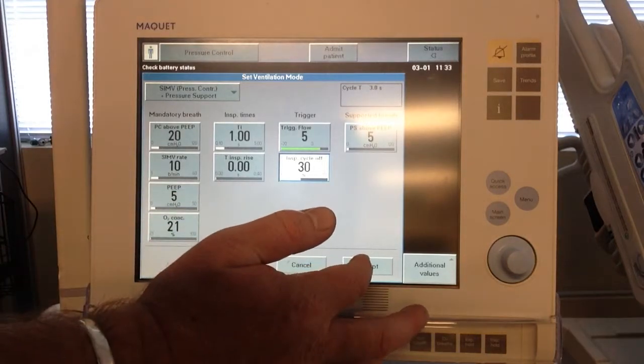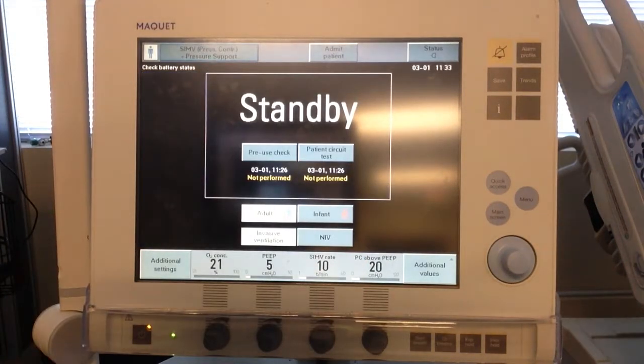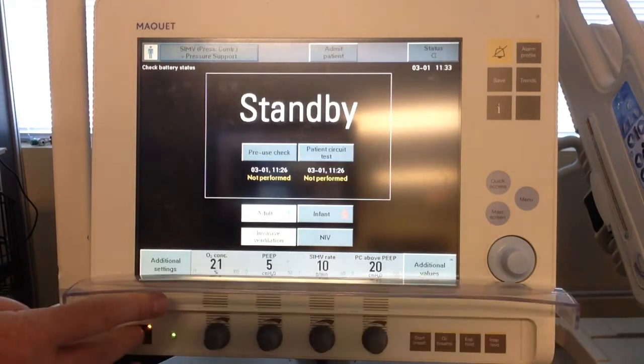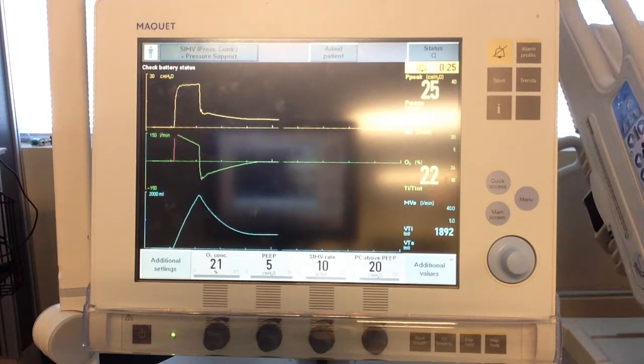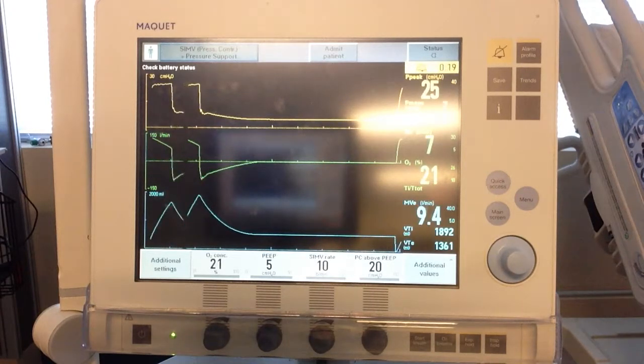So we're going to accept these settings, and then we will start ventilation. Give it a couple breaths.